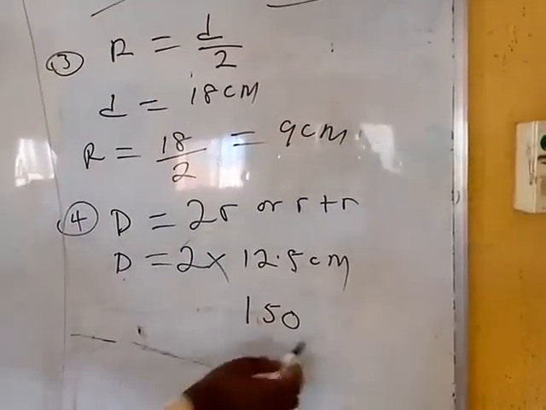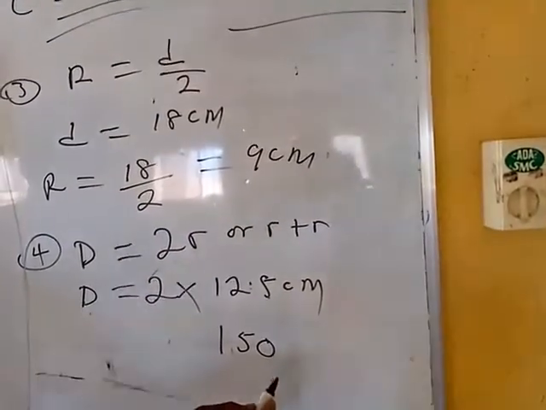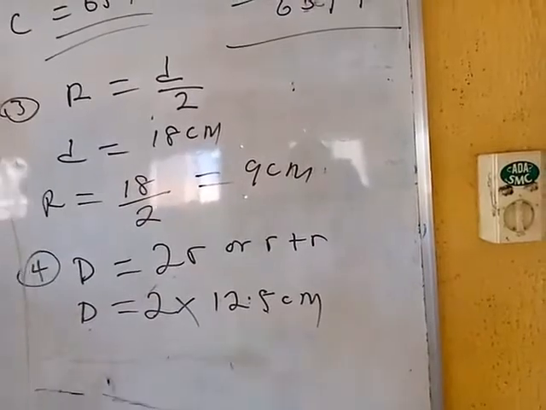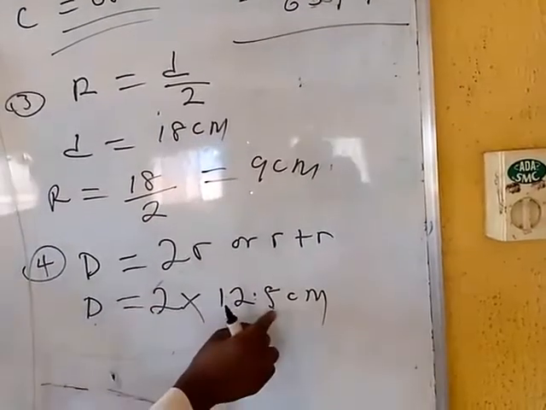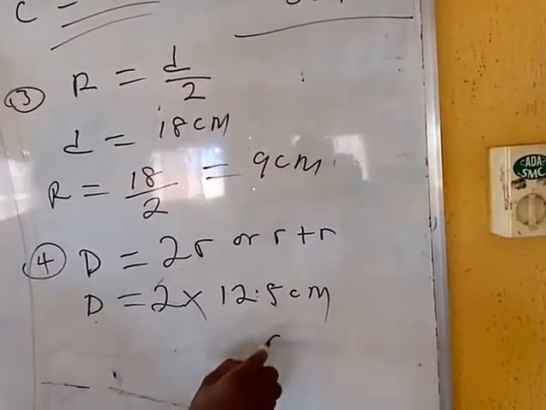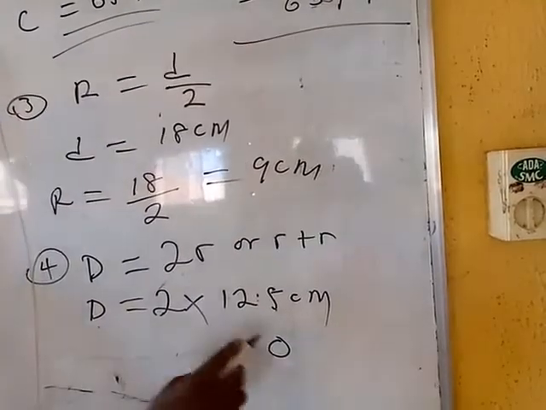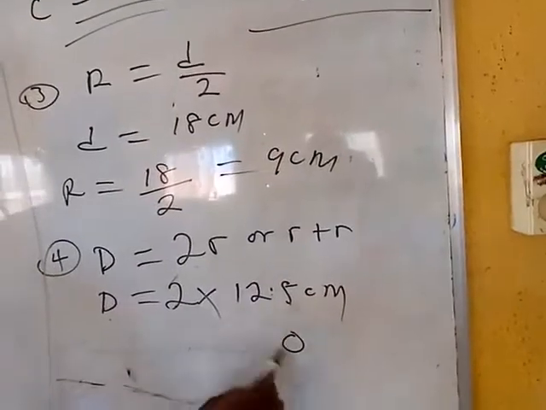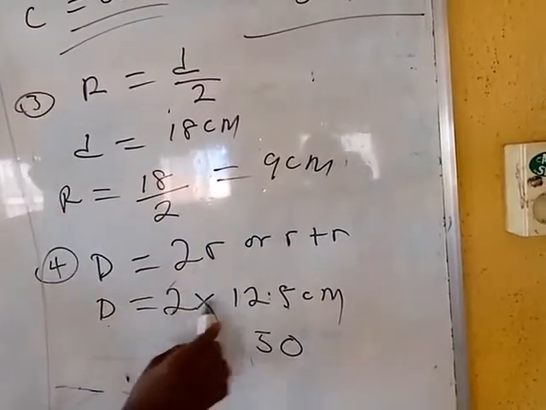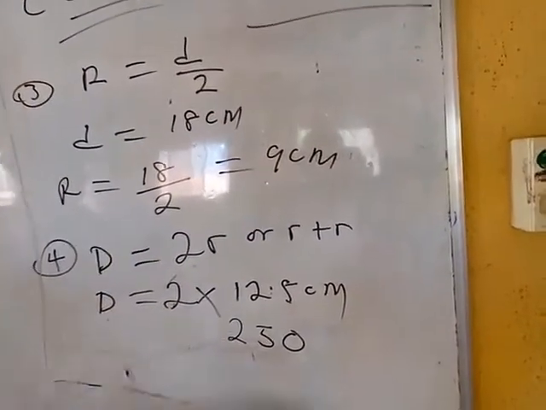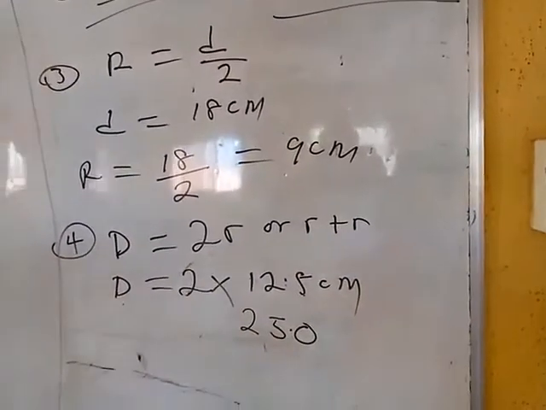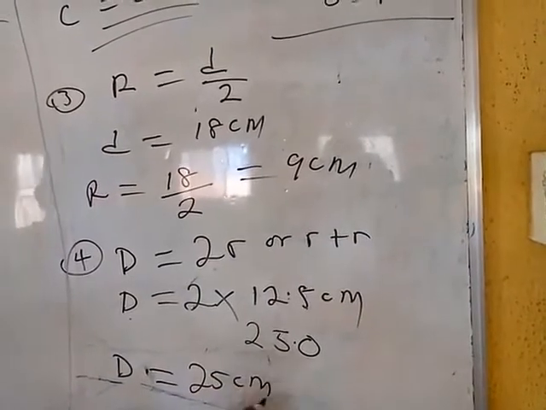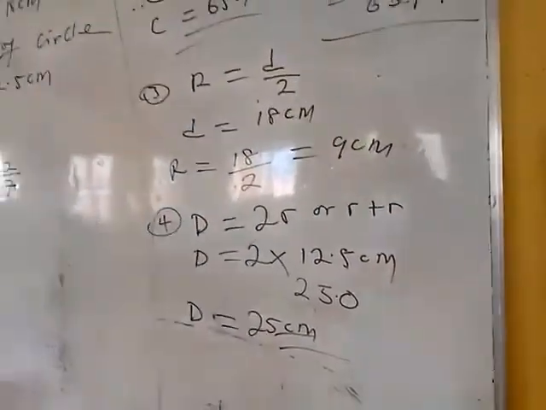So don't forget to place 1 decimal point here. We have 25.0. Therefore, D is equal to 25 centimeter. I hope it's clear.